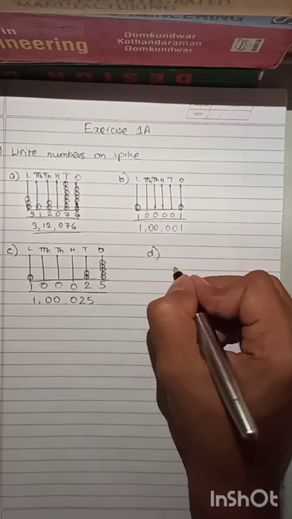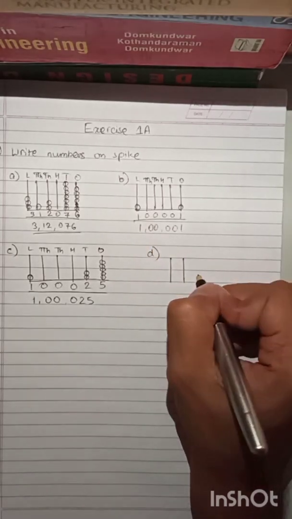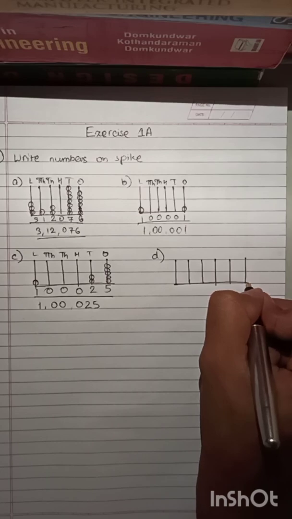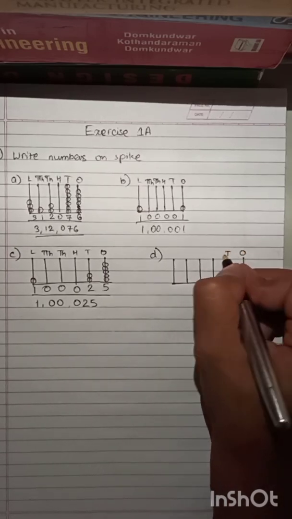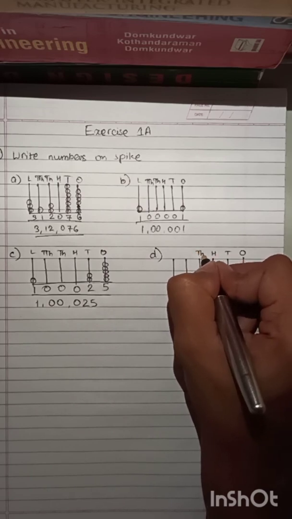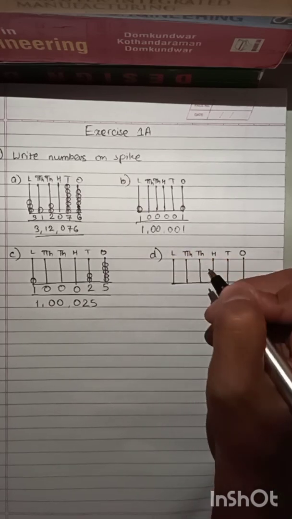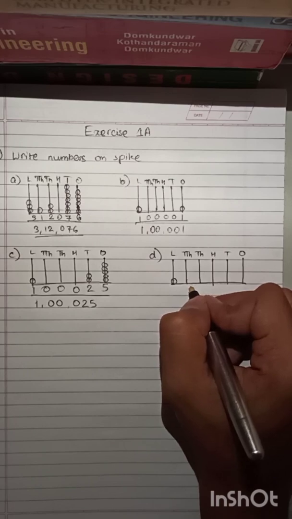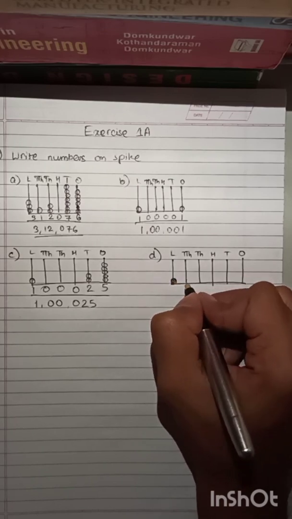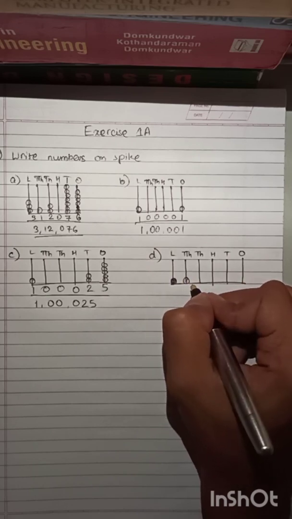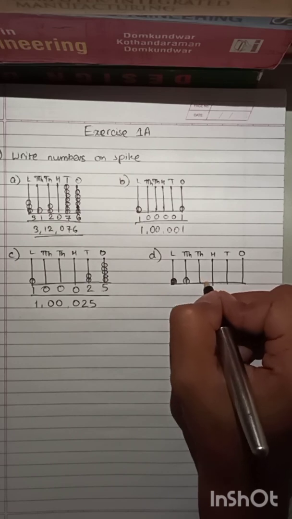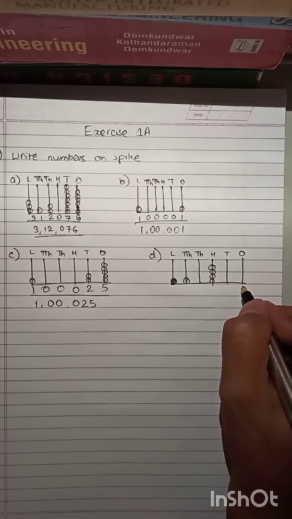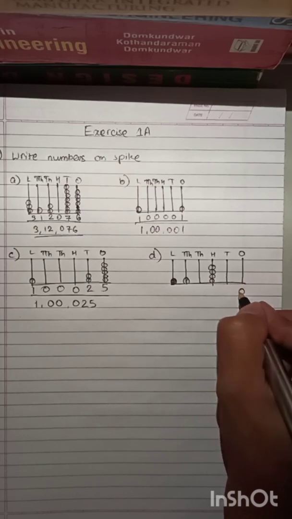Now let's move on to next number. Here we don't have any number at ones spike, so it becomes 0.